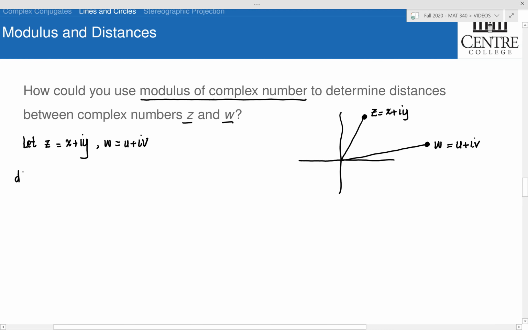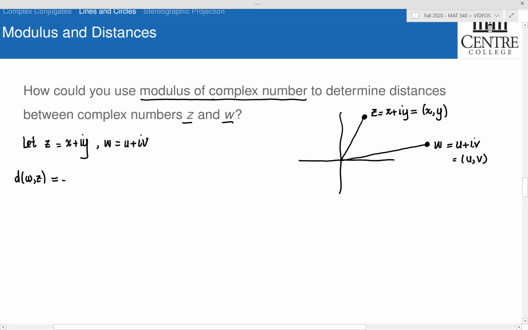Remember, these complex numbers can be represented by a pair of real numbers x, y, and u, v. Do we know how to find the distance between two points on a real plane?